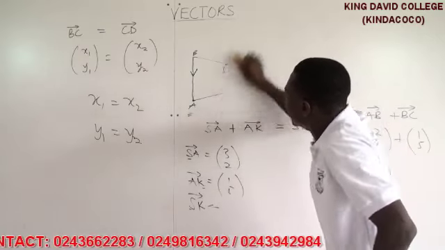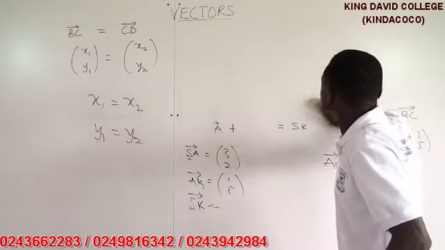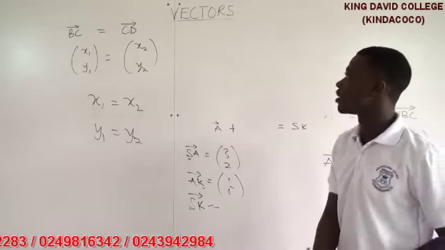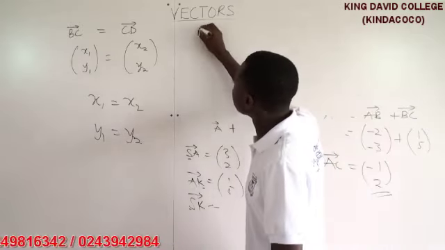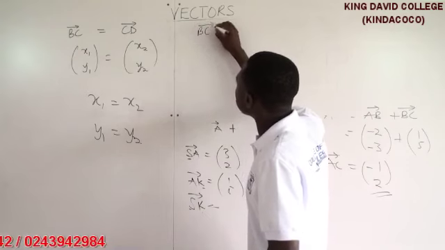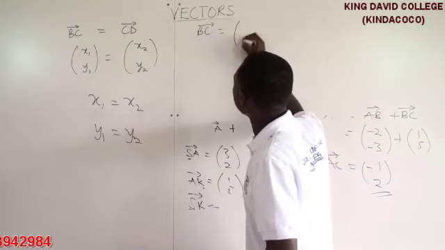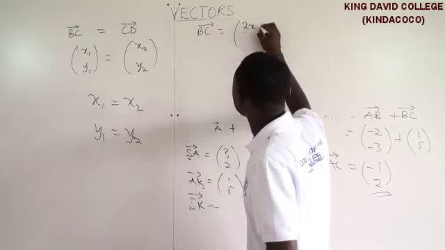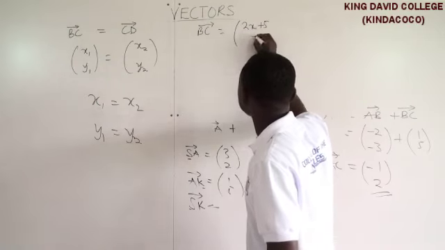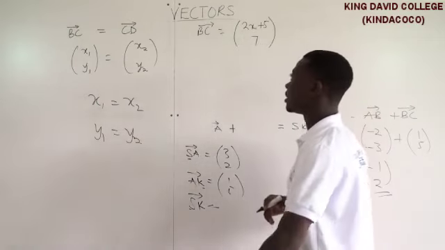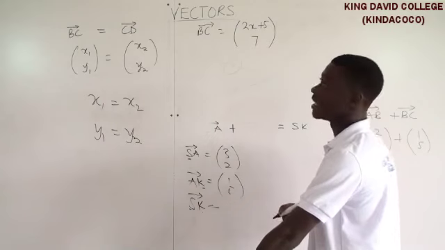Supposing I give you something like this. Vector BC is 2x plus 5, then 7. This is vector BC: 2x plus 5 and 7.